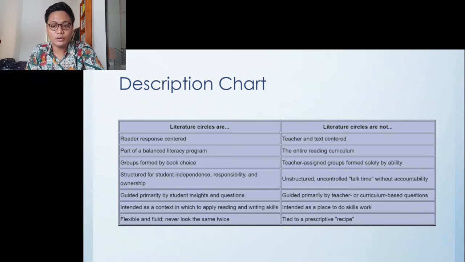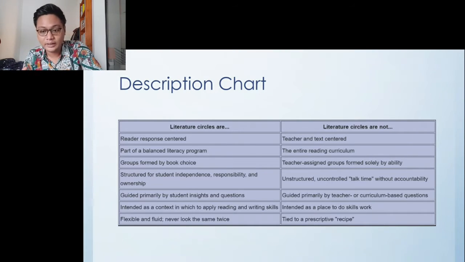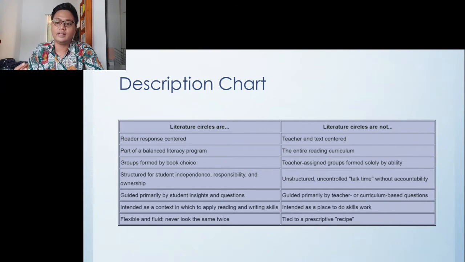Then literature circles are guided primarily by student insights and questions, not guided primarily by teacher or curriculum-based questions. Then, literature circles are intended as a context in which to apply reading and writing skills, not intended as a place to do skills work.